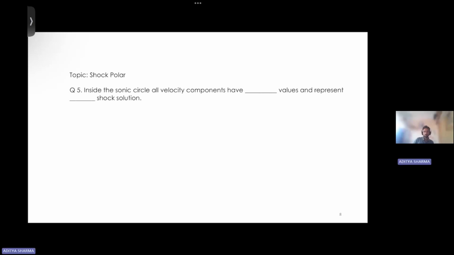Okay, so let's start. Let's continue with our session. So now we are into question number 5. The topic on which this question is based is again shock polar.